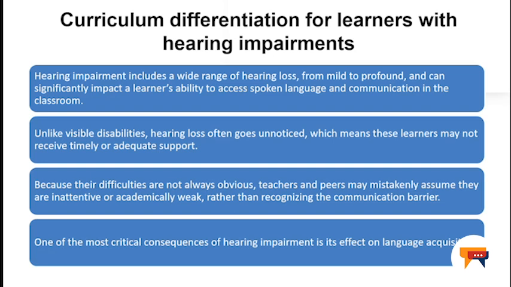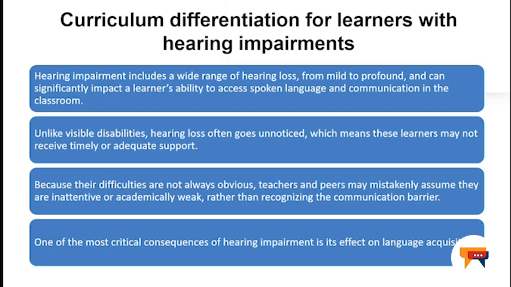Unlike visible disabilities, hearing loss often goes unnoticed, which means that these learners may not receive timely or adequate support. This is because their difficulties are not always obvious. Therefore, teachers and peers may mistakenly assume they are inattentive or academically weak, rather than recognizing the communication barrier.